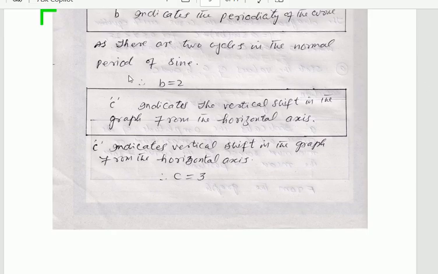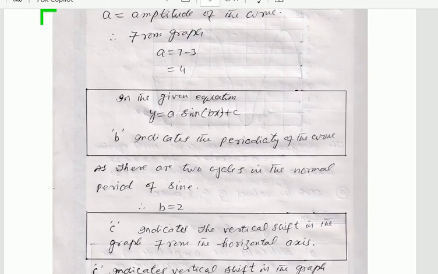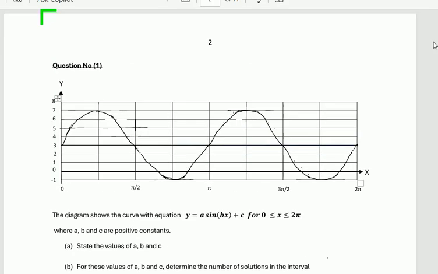c indicates the vertical shift of the graph from the horizontal axis. So c = 3. Let's say that our horizontal axis starts from 0.